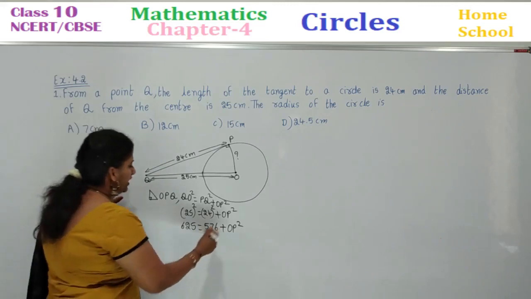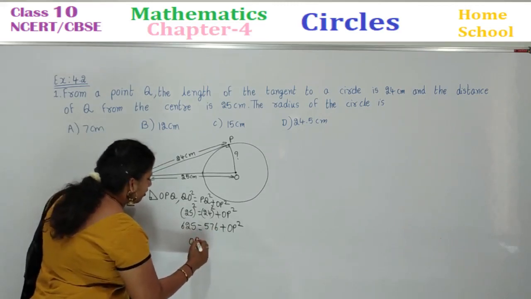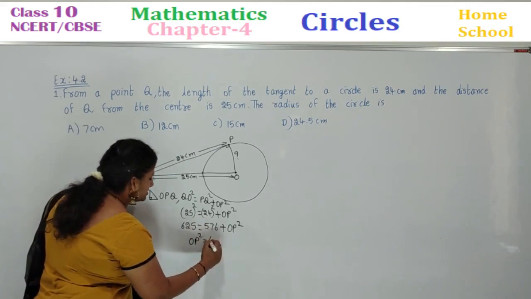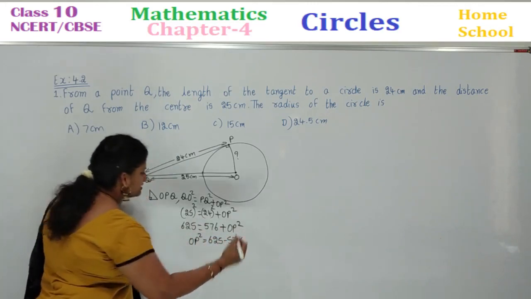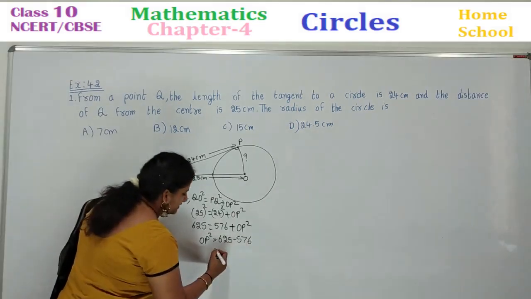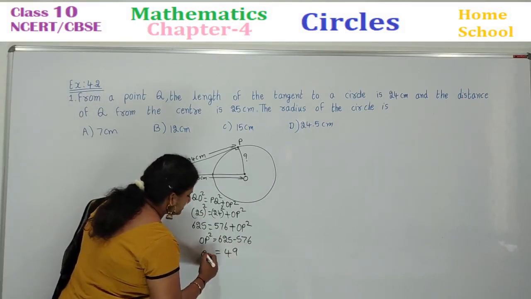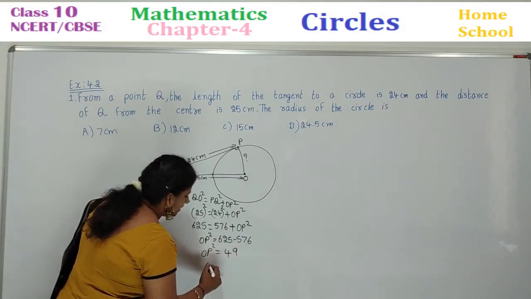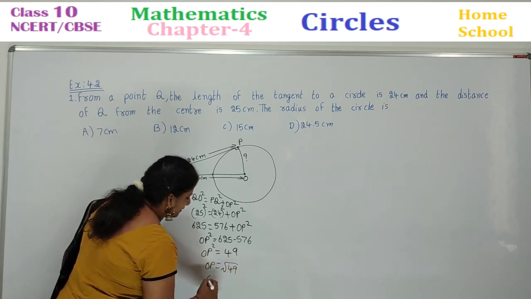Now bring this one to the other side. 625 minus 576 is equal to 49. OP square is 49. Apply square root.